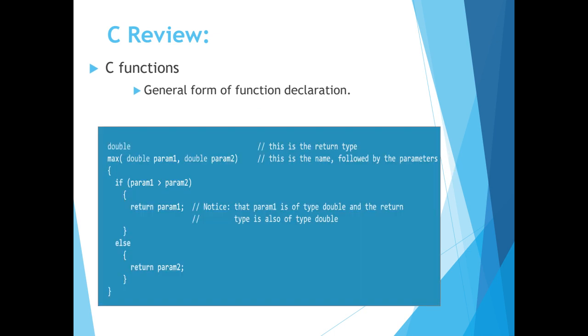Here there is a general form of a function declaration, including the user-defined function. Double, max. What is double here? For a user-defined function, double is related to what?